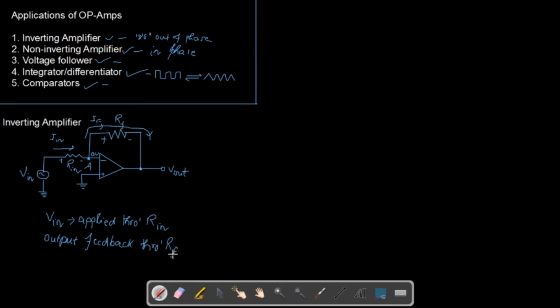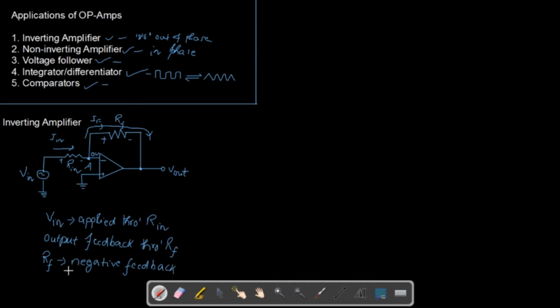F basically stands for feedback, IN stands for input. This RF will give you a negative feedback. Through this RF we have a negative feedback. I hope it's quite clear, because it's 180 degrees out of phase.